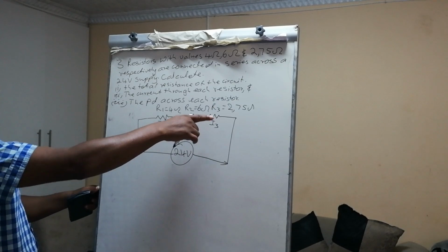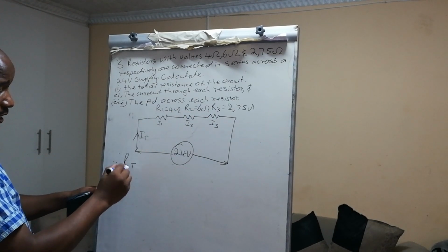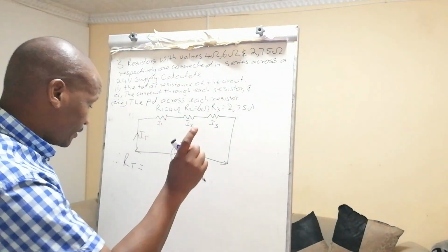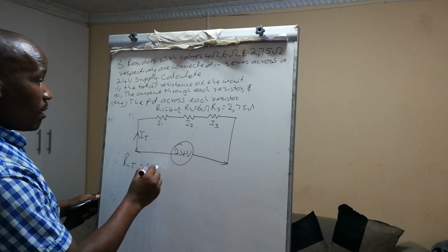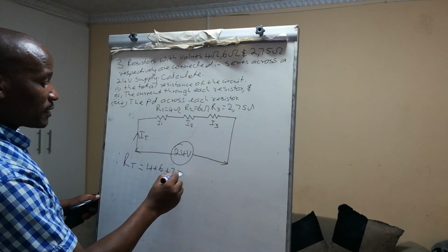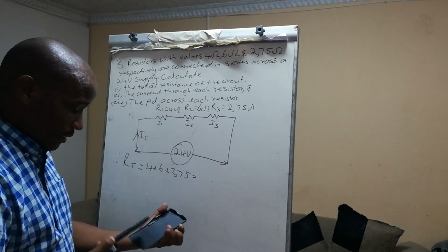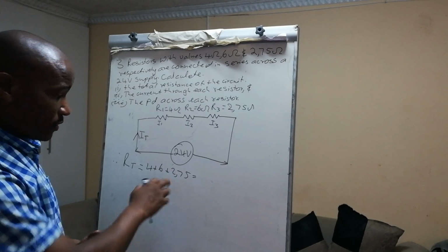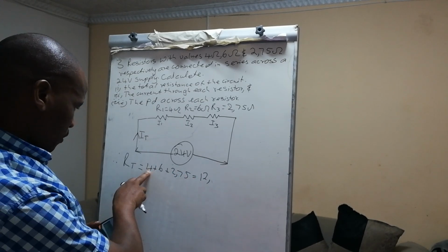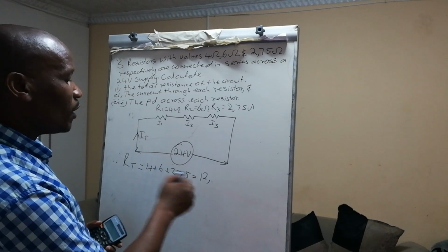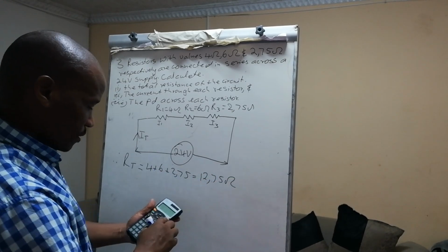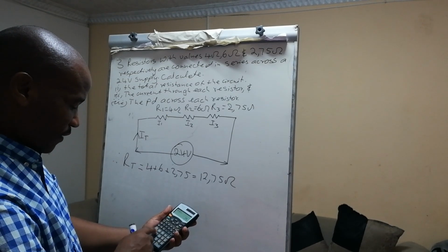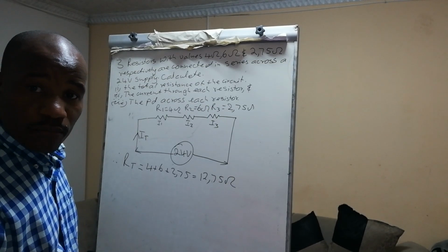Therefore, in a series circuit, the total resistance is the sum: 4 plus 6 plus 2.75. 4 plus 6 is 10, 10 plus 2.75 is 12.75 ohms.